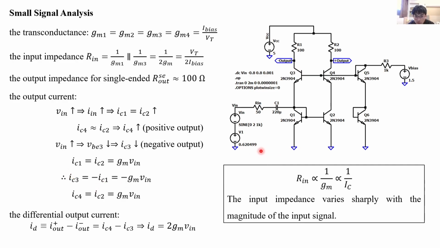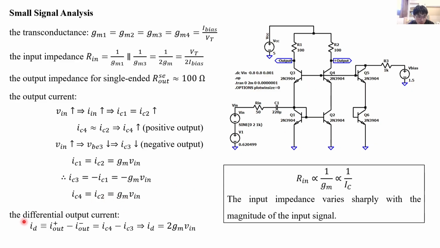And we know the collector current of Q1 and Q2 is gm times Vin. And because IC3 is the negative output, it's minus IC1 equals minus gm Vin, and IC4 is the positive end, so the value is gm times Vin.